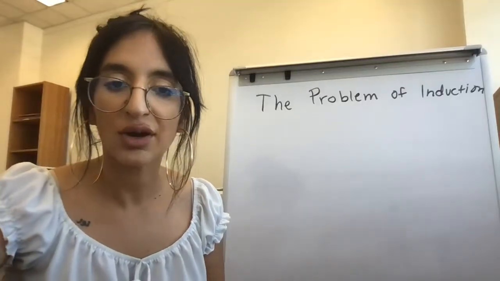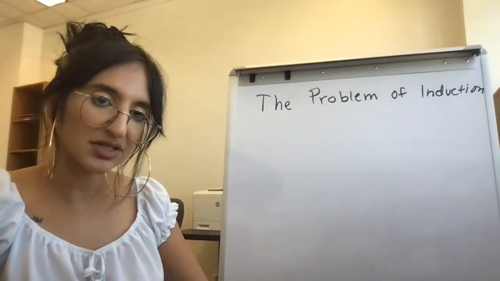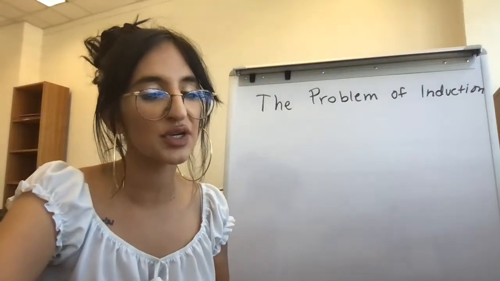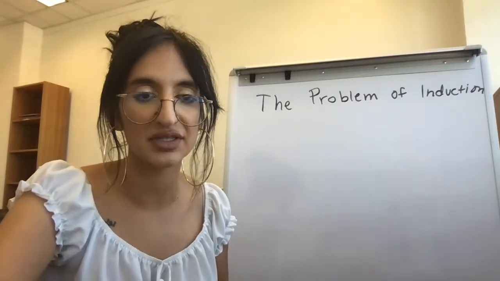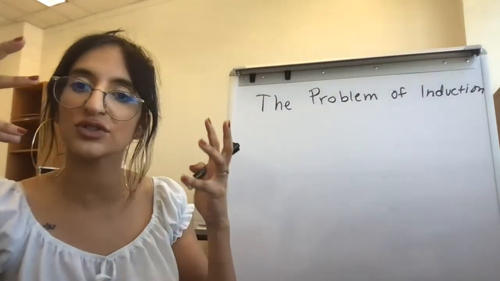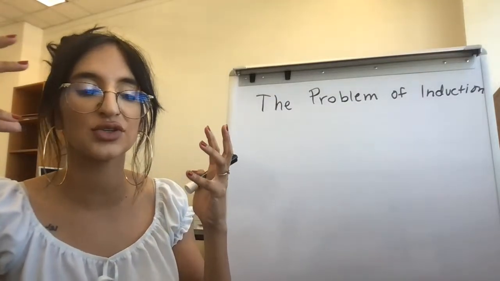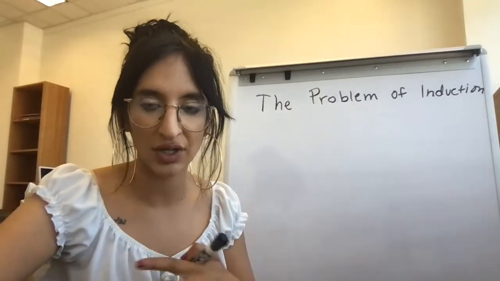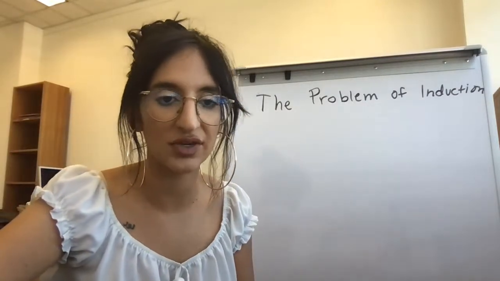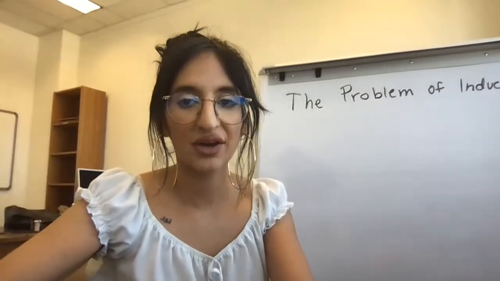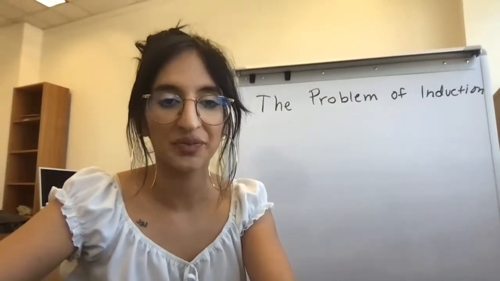For the video, I'm going to skip that part of the slides because it'll take a lot of time, and I just want to get to the heart of what the problem is. If you are confused about his terminology, feel free to look at the slides I post on Canvas, and that will help you suss out the types of language he's using. Okay, but now let's get to the heart of the problem.